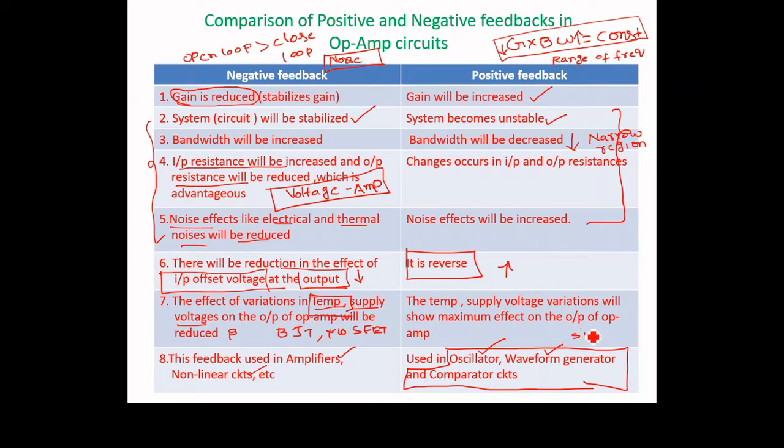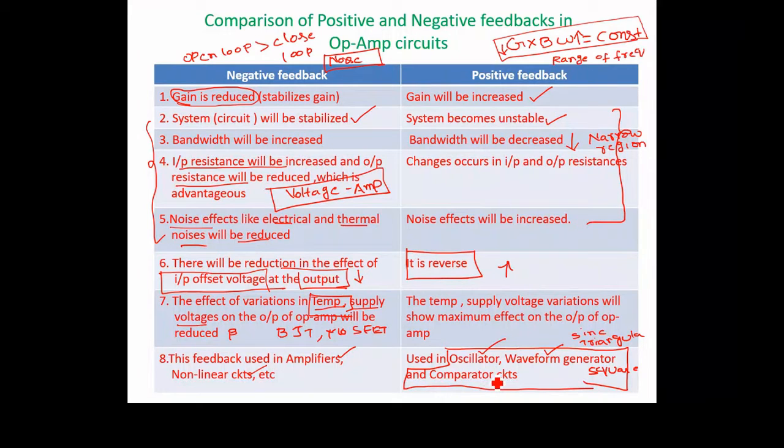By using this, we can generate the sine wave, triangular wave, sawtooth wave or square wave. We can generate any desired waveform whenever the device is operating in positive feedback.